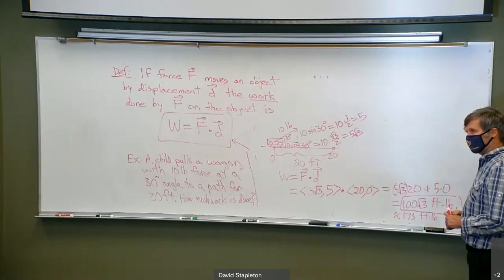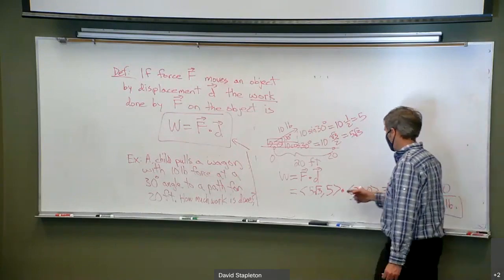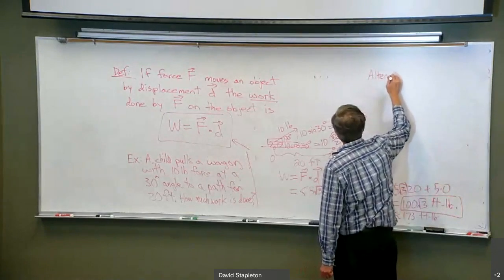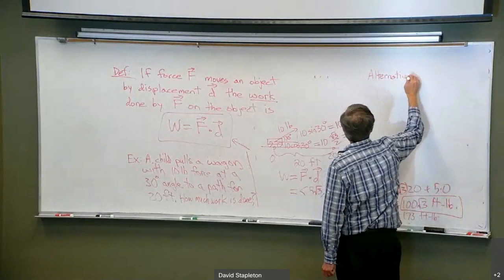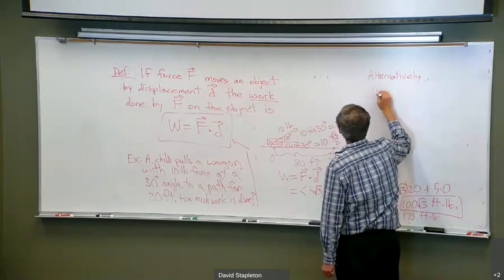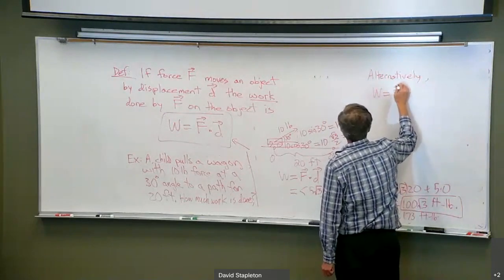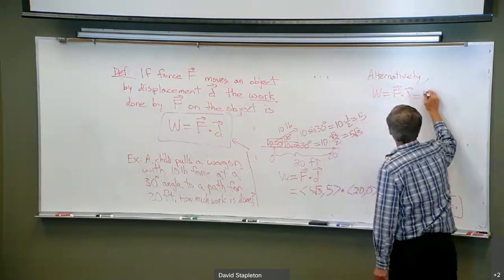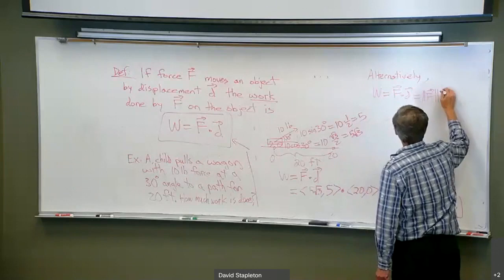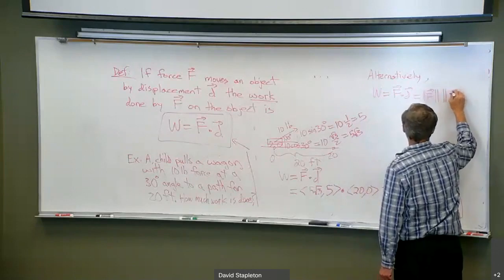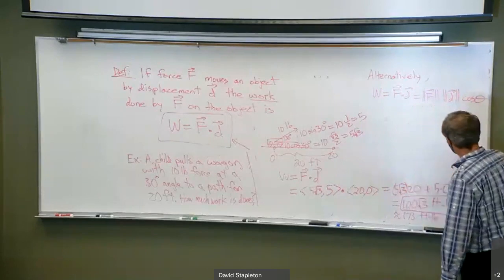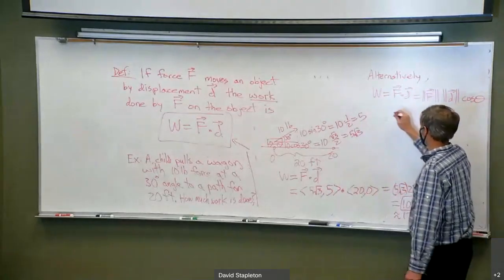I could comment that there's another way to do this. Instead of actually taking the dot product, you can say that work equals force dot displacement is the length of the force vector, the length of the displacement vector, times the cosine of the angle between them. This is convenient because we know the angle between them. It's 30 degrees.